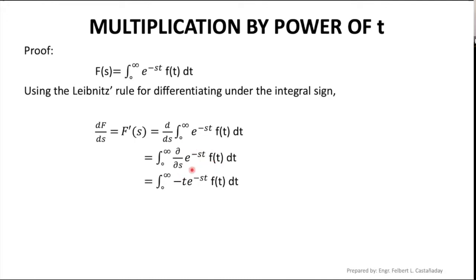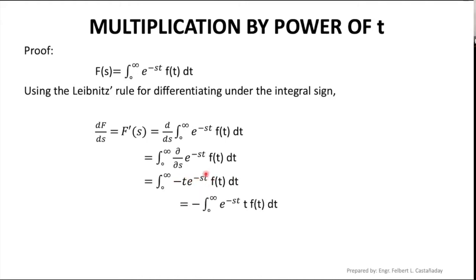The derivative of e raised to minus st is, you just copy e raised to minus st, and then differentiate minus st with respect to s. t will be constant, so you have minus t times e raised to minus st times f of t dt as the resulting integrand here.